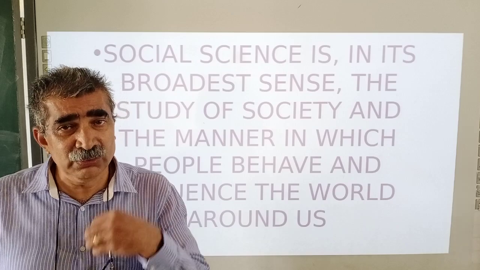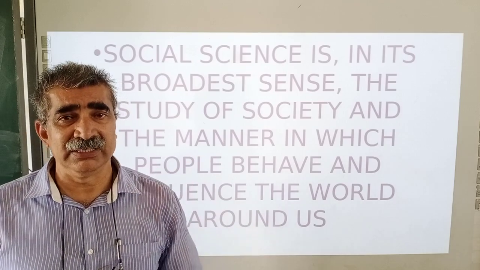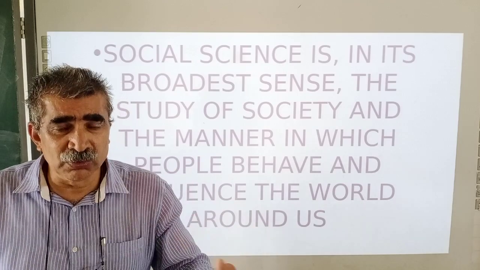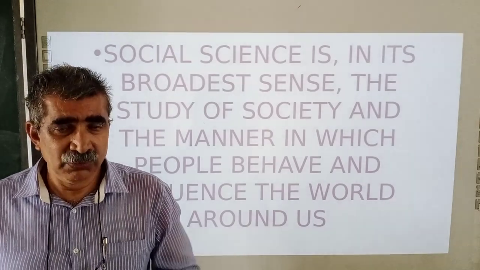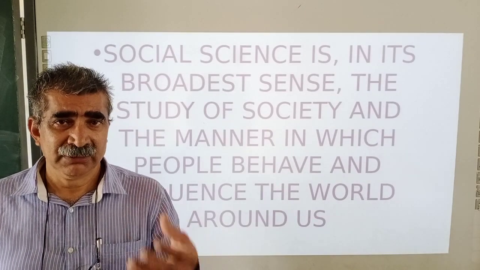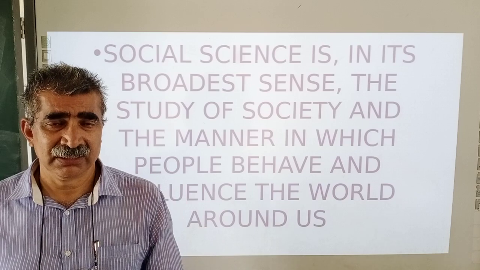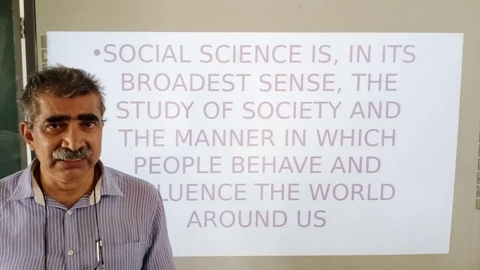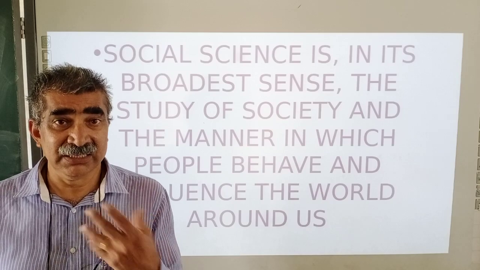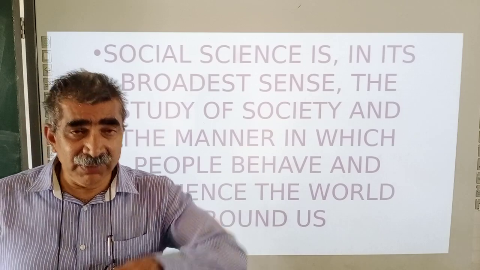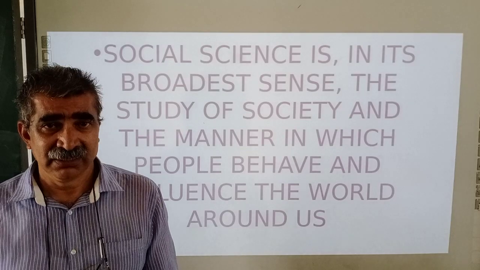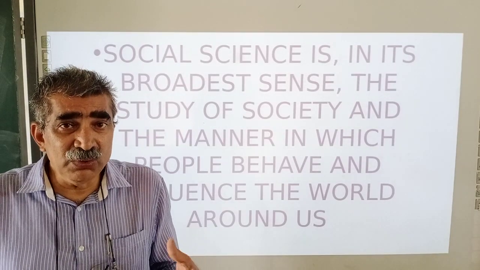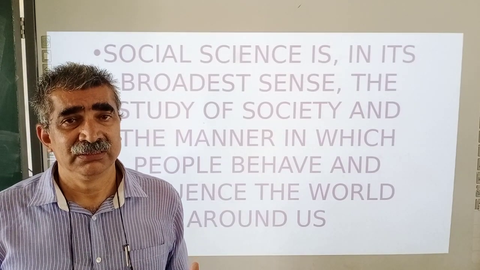When you are alone, you interact with other members of the society. At home, you interact with your father, mother, brothers, sisters, cousins, grandparents, uncles, aunties, neighbors, even some enemies, friends. So how do you learn to interact?